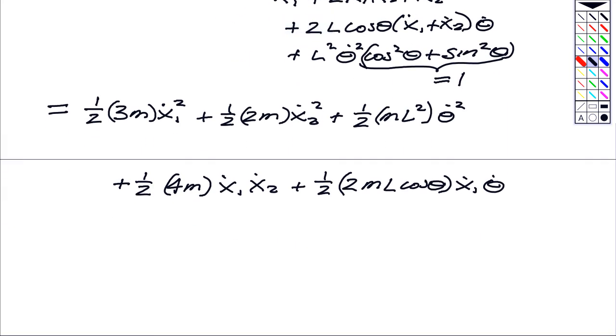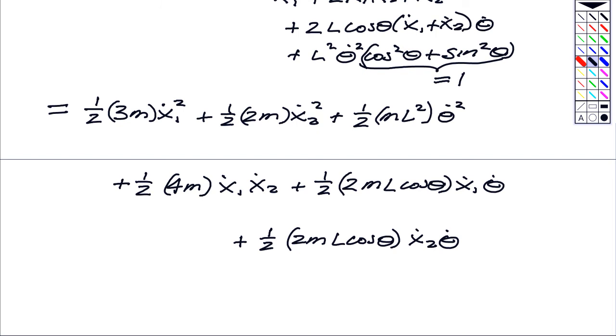And lastly, the cross term of 1/2 2mL cosine theta is also the coefficient in front of x2 dot theta dot. So again, all I've done here is expanded out the squares, grouped together the coefficients of the different terms of the x1 dot, x2 dot, and theta dot.